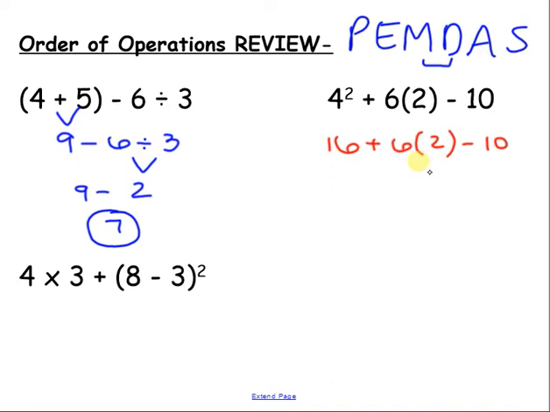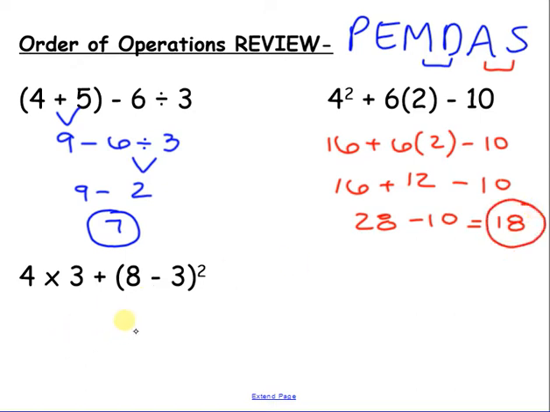They're touching with parentheses, and that means multiplication. So 2 times 6 is going to be 12. And I'm going to rewrite the rest of the problem. And now I just have addition and subtraction, and I do it in order from left to right. So 16 plus 12 is going to be 28 minus 10, and 28 minus 10 is going to be 18.